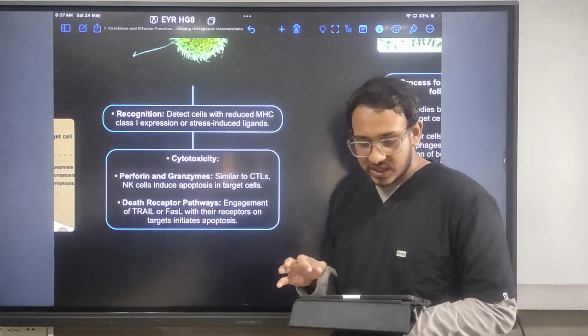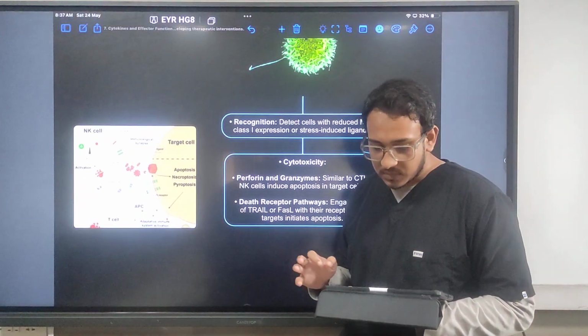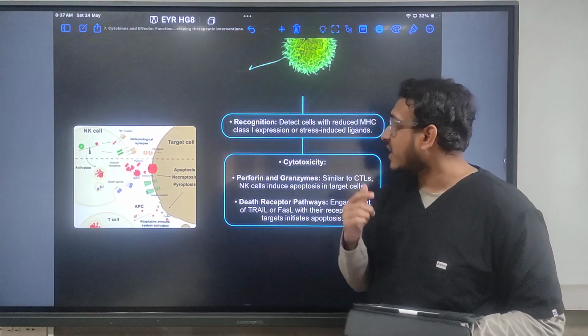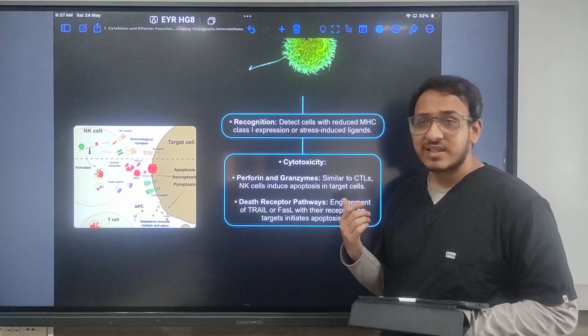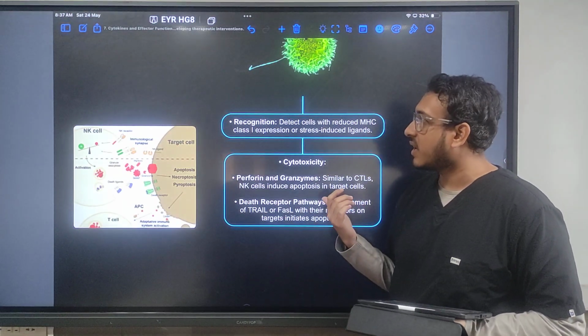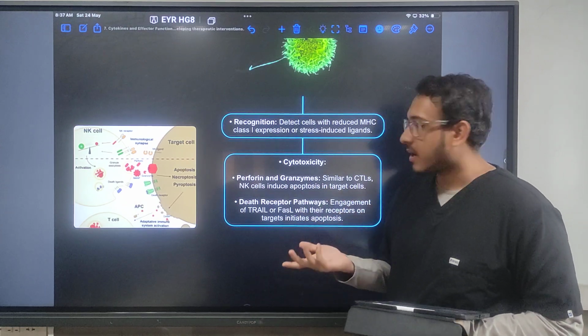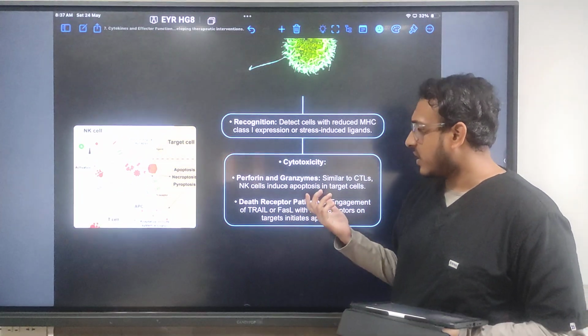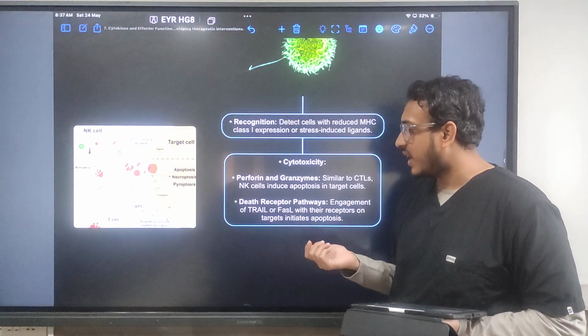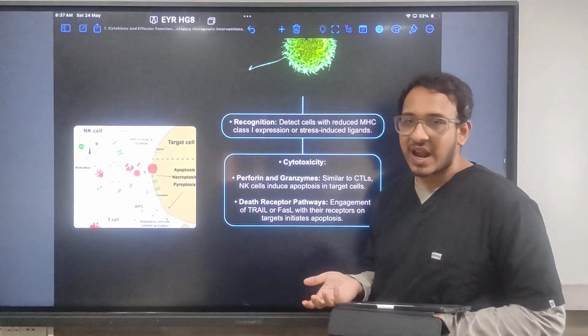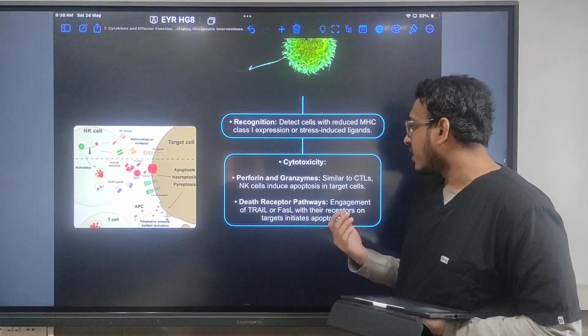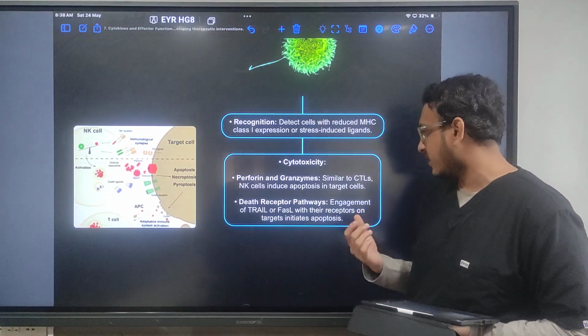So for the recognition, this detects cells with reduced MHC class 1 expression or stress-induced ligands, like I said before. And the mechanism of cytotoxicity, the perforin and granzymes, is the same. It is similar to CTLs.